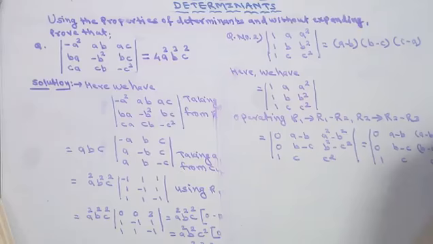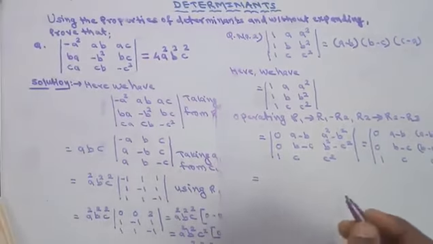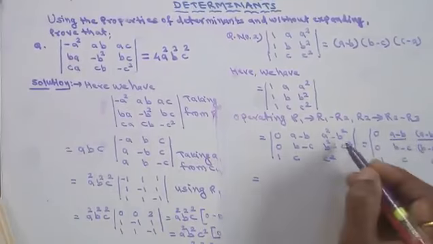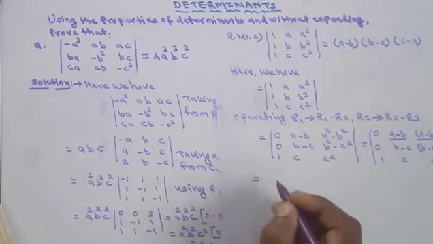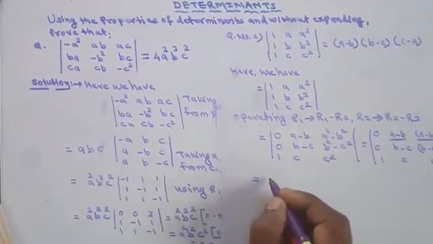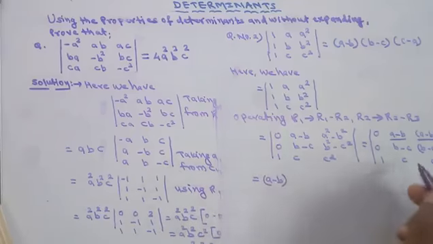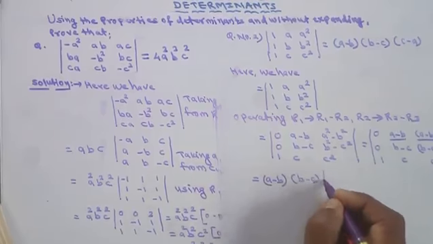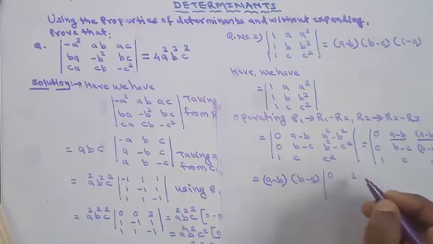Now taking a minus b common from r1 and b minus c common from r2, we get here 0, this is 1 and this is a plus b.